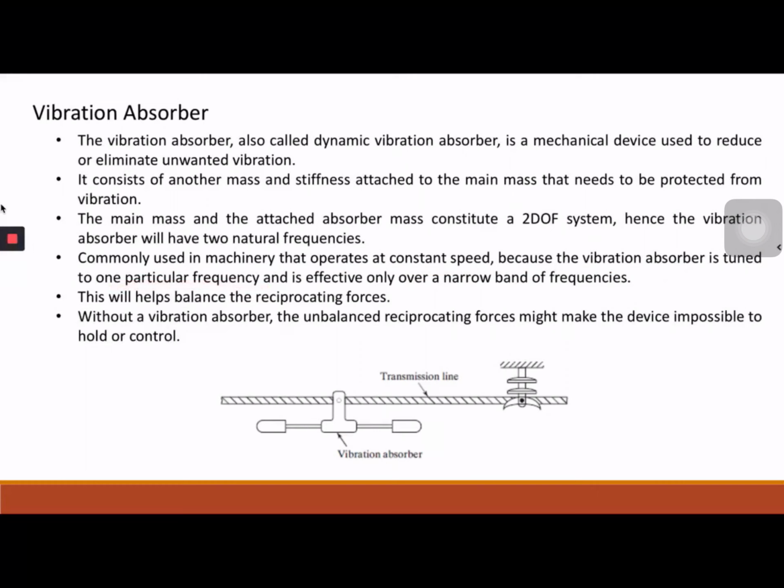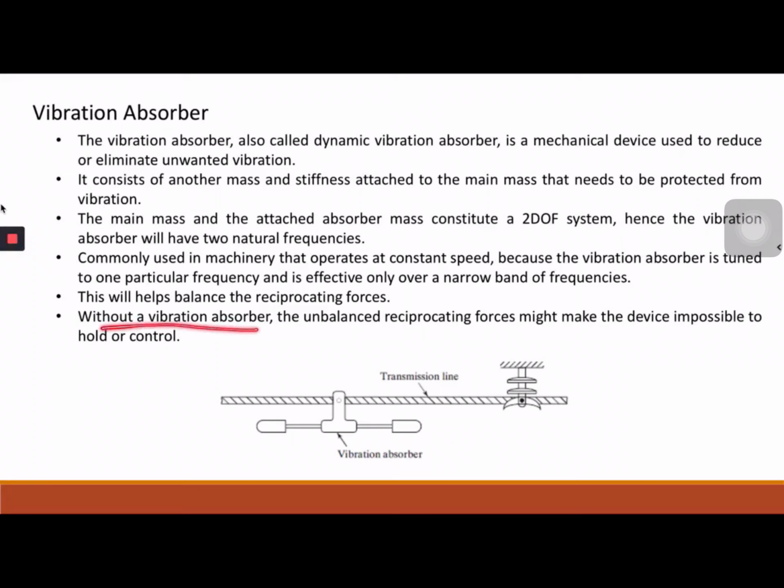Also, the vibration absorber will have two natural frequencies, meaning you will have a wider range of possible frequencies that will not excite the natural frequency, which would produce resonance.